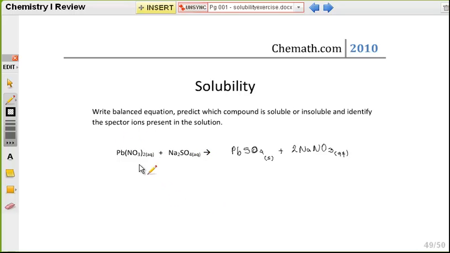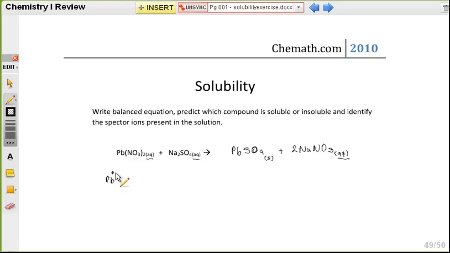To find the spectator ions in the solution, we're going to break apart all those compounds. Every time you see aqueous solution, that means that this compound, when it touches water, is going to break apart. So right here I'm going to break it into ions.